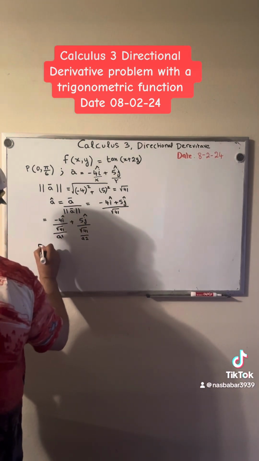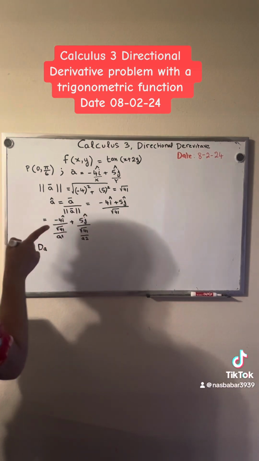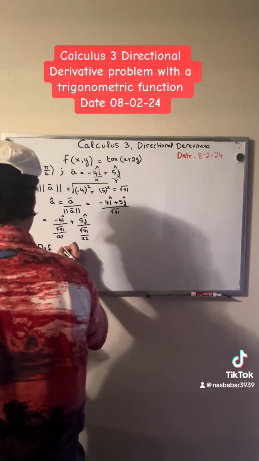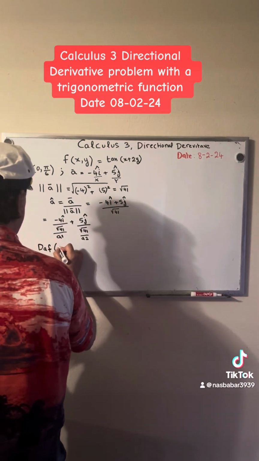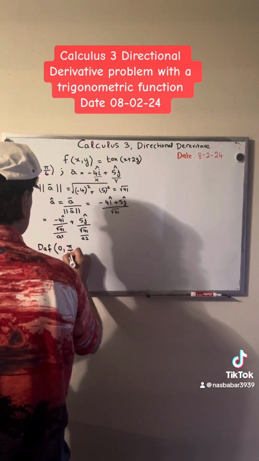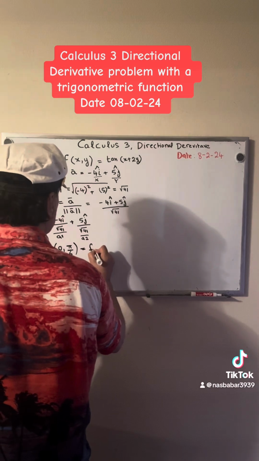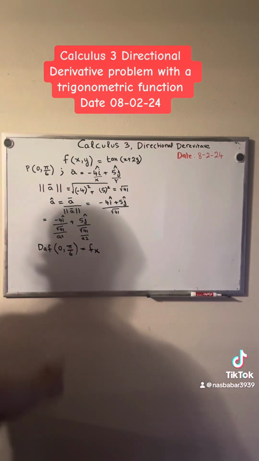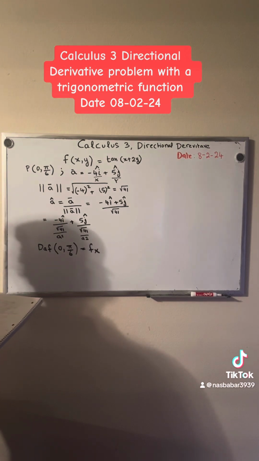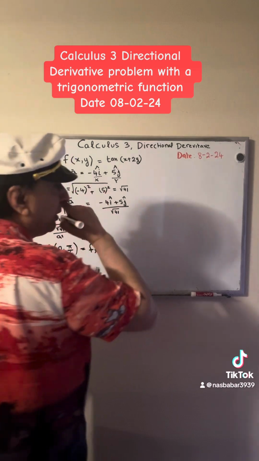So D_A f at (0, pi over 6) is equal to the derivative of the function with respect to x. What is the derivative of tan?